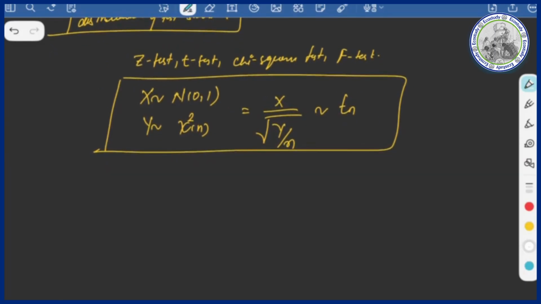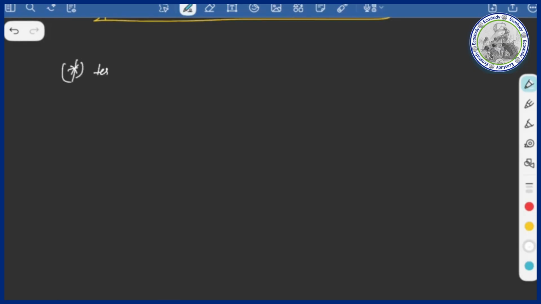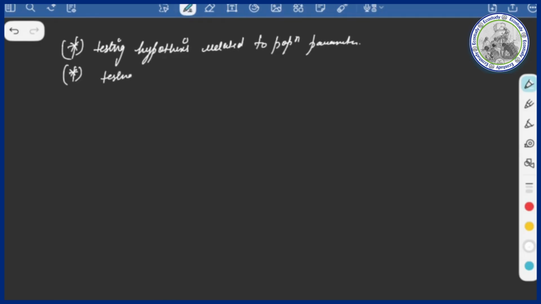But today I will teach you about testing hypothesis related to the population parameters, and the next is tests for comparing parameters from two samples.